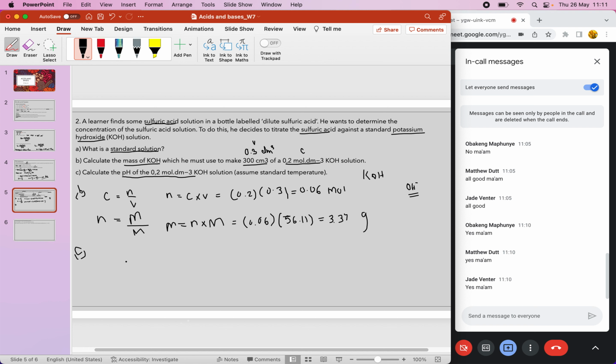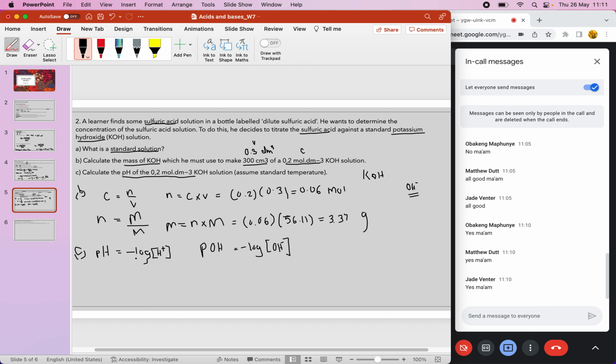So which equation are we going to use? We're going to have pH equals negative log of the H plus concentration. Or, since we're dealing with a hydroxide OH ion, we can also use this formula, called the pOH equals negative log of the concentration of the OH ion.